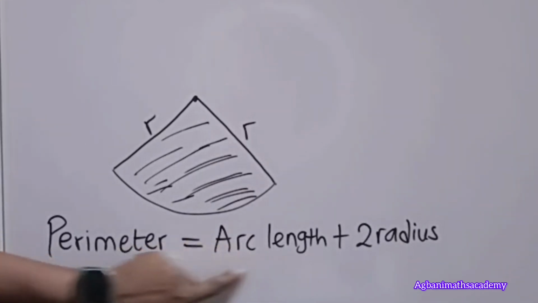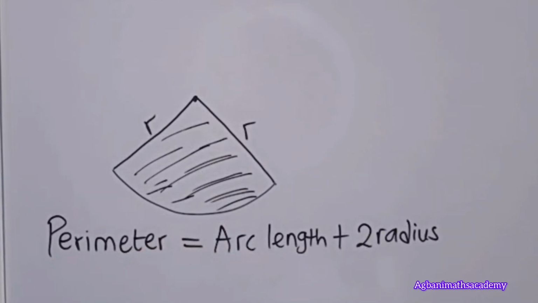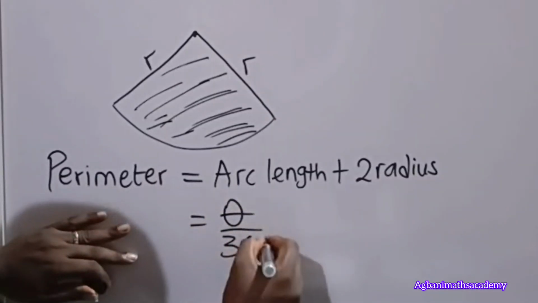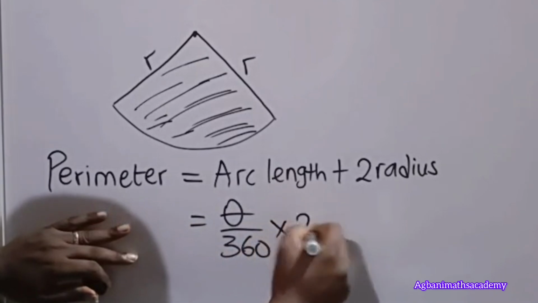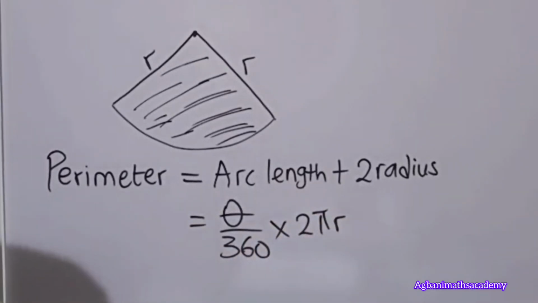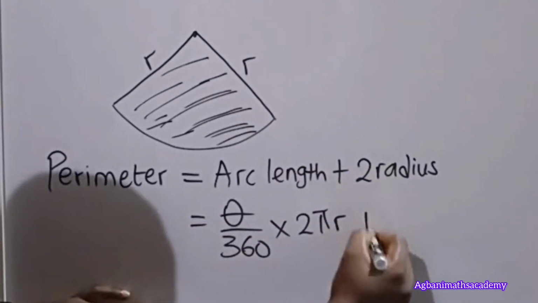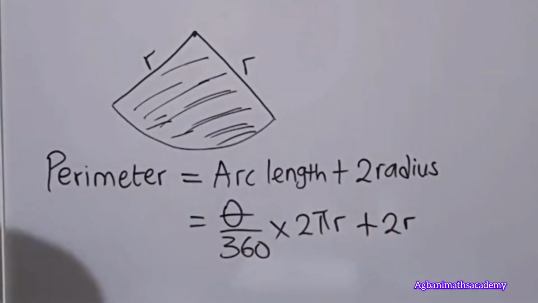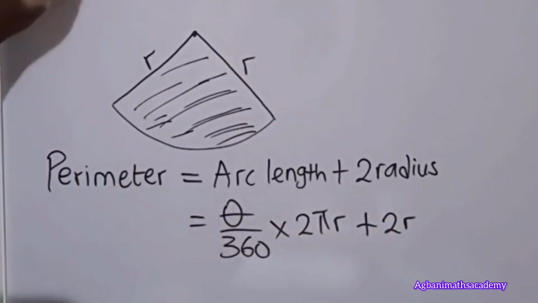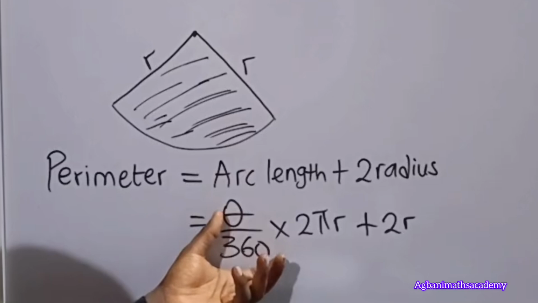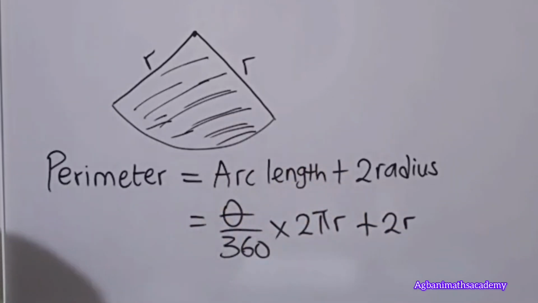First, we need to remind ourselves of the formula for the arc length. The formula for the arc length is theta over 360 times 2 pi radius. So this is the formula for arc length plus 2 radius. This is the formula to calculate the perimeter of a sector: the arc length plus 2 radius.